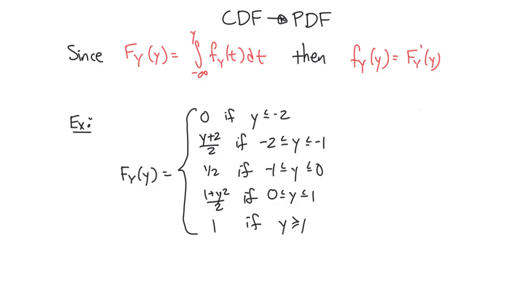The example that we're looking at here is a CDF where there's no probability before -2, and then it's growing from -2 to -1. It flattens out from -1 to 0, which means nothing happens because the cumulative amount is not growing.